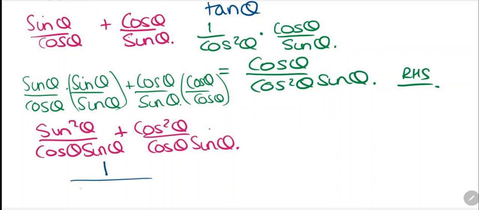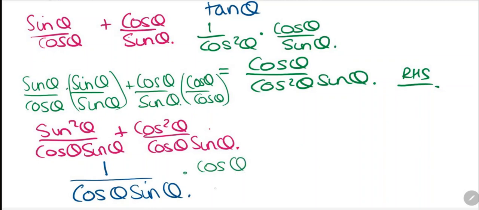And I can write that over my denominator. They're both the same. So I have 1 over cosine theta sine theta. So what I need to do now is just multiply both by cosine theta.